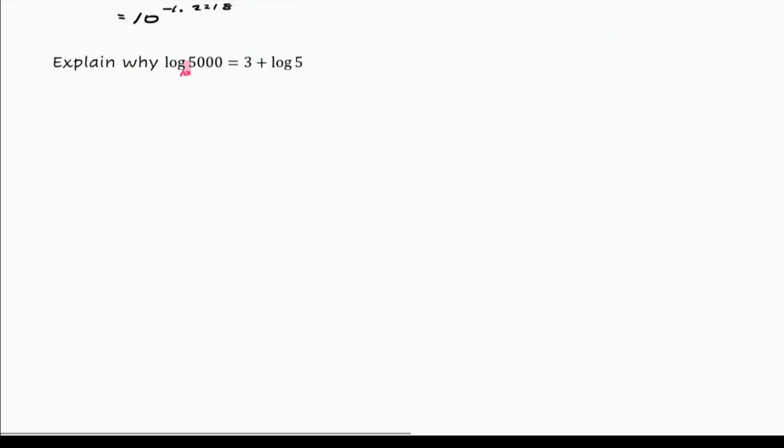So what I'm going to do is think about how I could factorize this part here. How can I factorize this 5,000 to be a base 10? So if I write this out, I'm going to have that log of 5,000 is equal to, I'm going to break this up as 1,000 times 5, because remember, I'm trying to think what can I do to turn this somehow into 10 to the power of something.